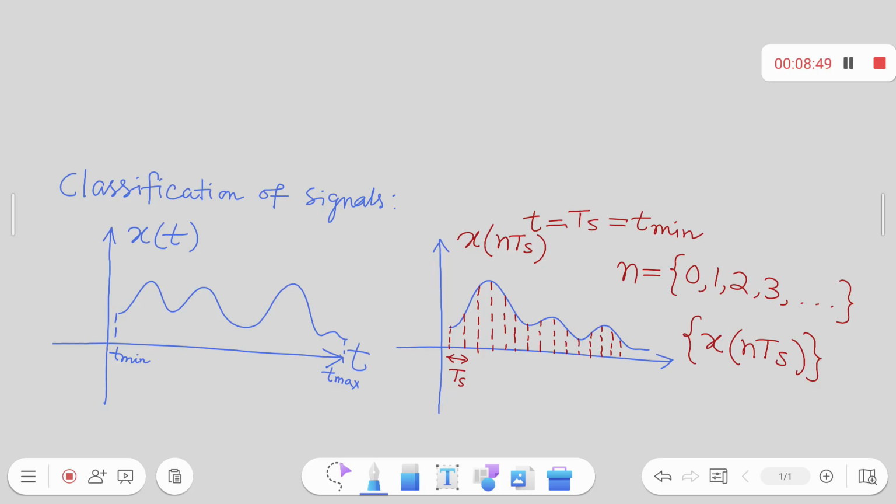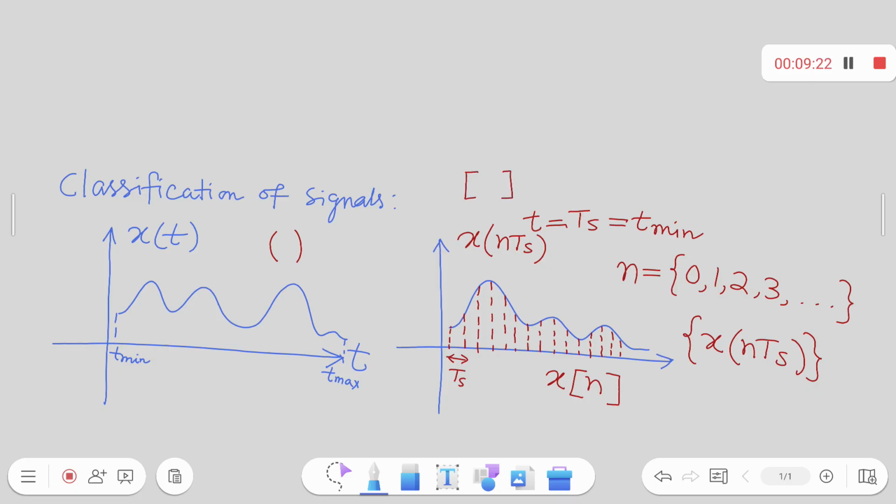Now, since Ts is present everywhere, you have 0 into Ts, 1 into Ts, 2 into Ts, 3 into Ts, 4 into Ts, and so on. So this sequence is also represented by x with square brackets. Typically, this sequence is represented using square brackets, and for the continuous time signal itself we use parentheses. So for a continuous time signal we use parentheses, and for a sequence we use brackets.